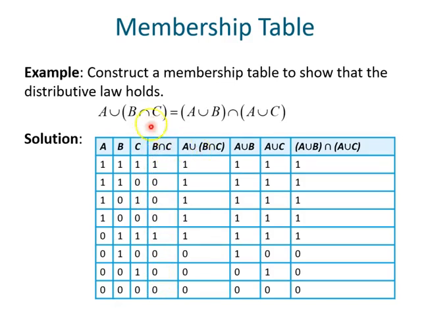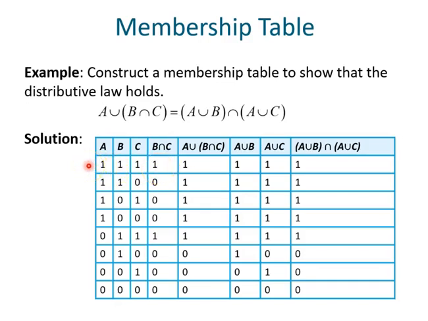Then we can write a column for the left hand side. It is the union of A and B intersection C. What shall we write here in the first row, in this column? In A we have 1 here, the intersection of B and C 1.